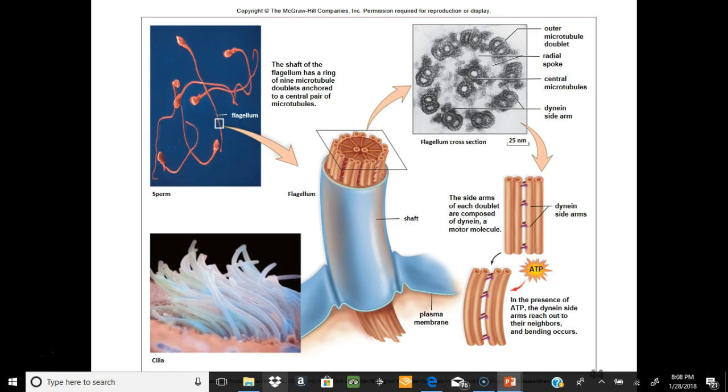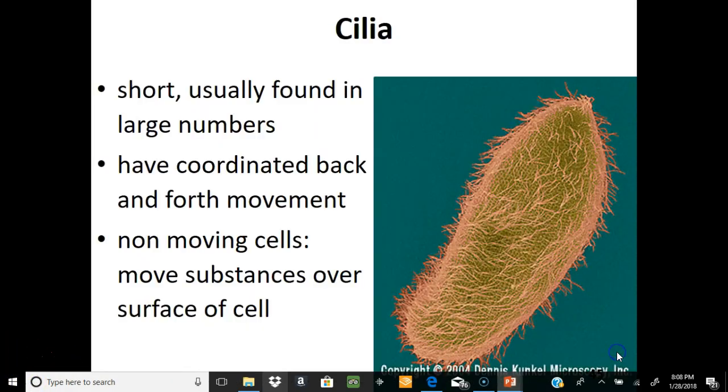Flagella are found on cells, and they function in movement of the entire cell as a whole. So here we have cilia. These are small, typically finger-like structures, and they can move materials along the cell.